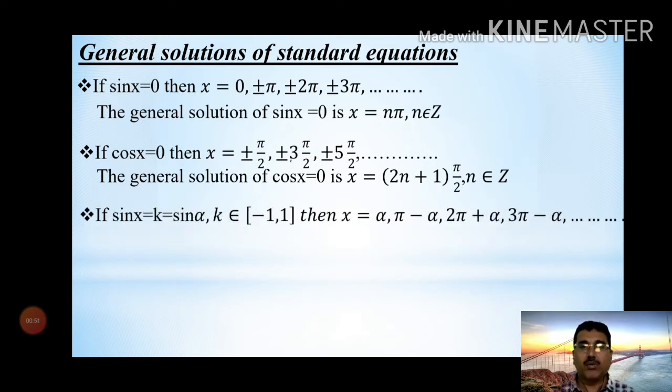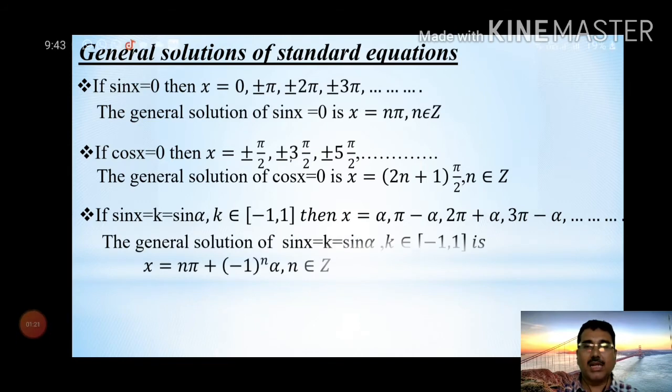Now, third equation. If sin x equal to k equal to sin alpha, where k belongs to the closed interval minus 1 comma 1. Since sin x is positive in quadrant 1 and quadrant 2, the values of x are alpha, pi minus alpha, and so on.